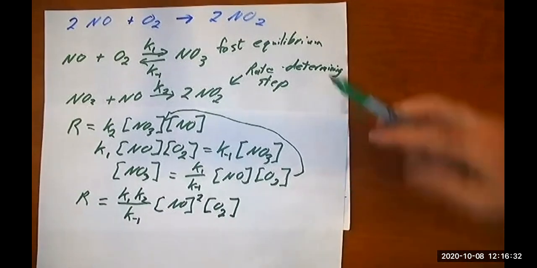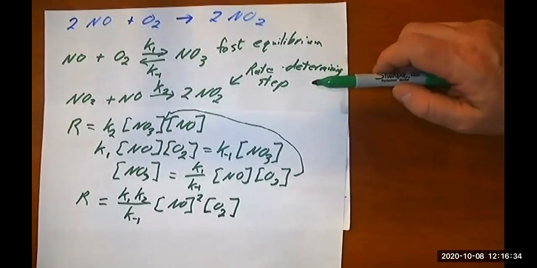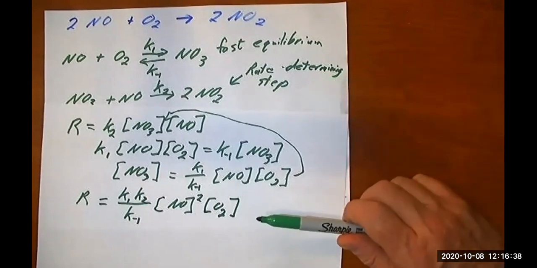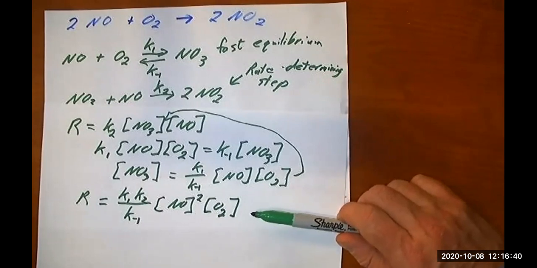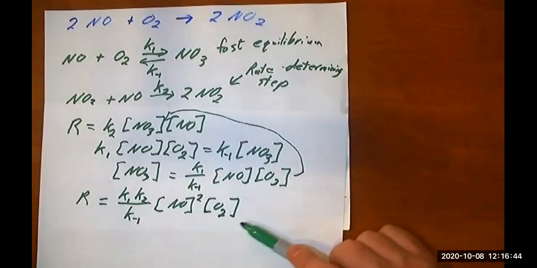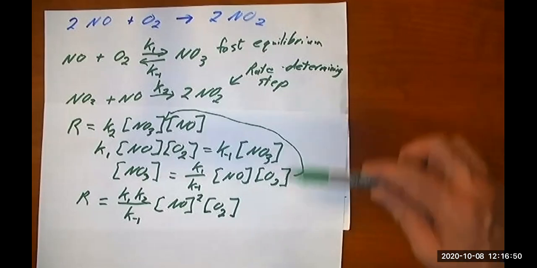So this reaction mechanism predicts that the overall reaction rate law will be second order in NO and first order in O2. Are there any questions up to that point?